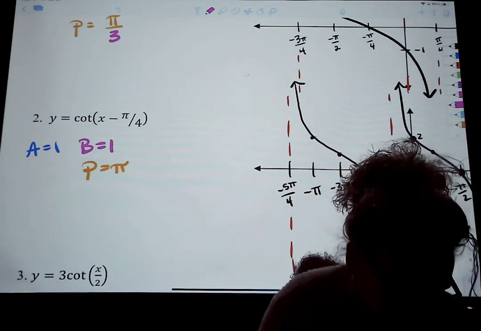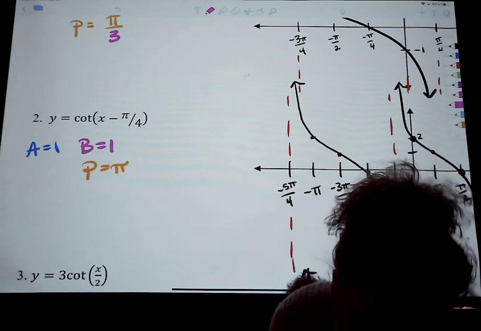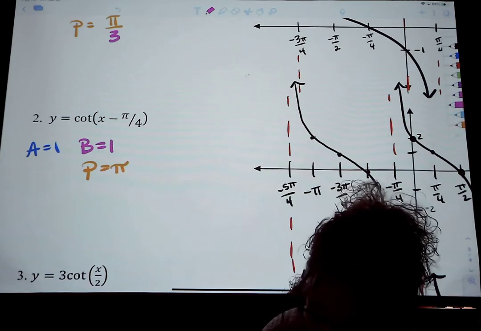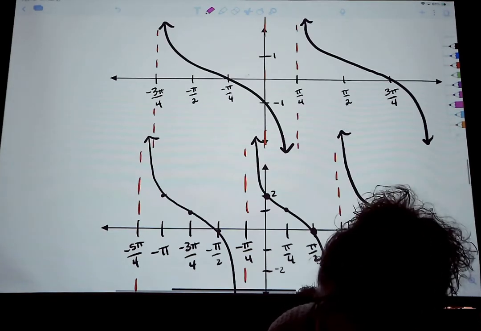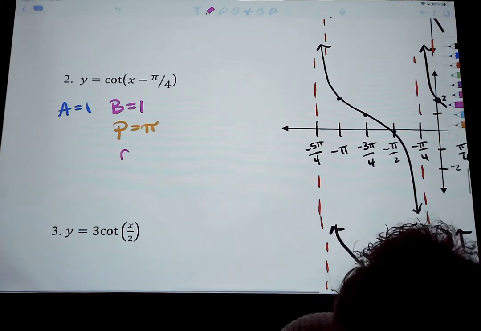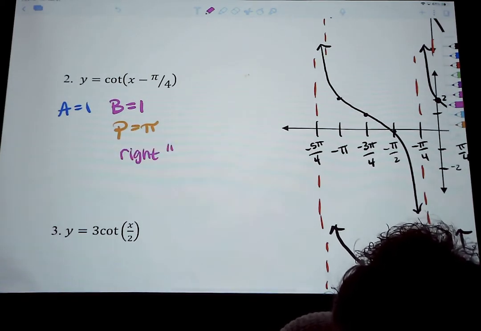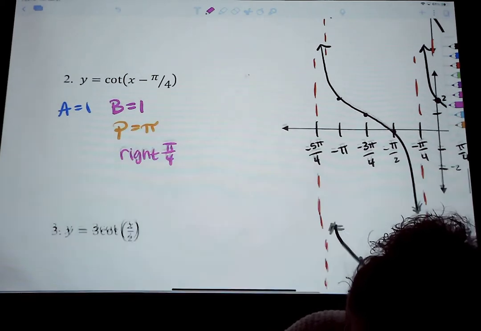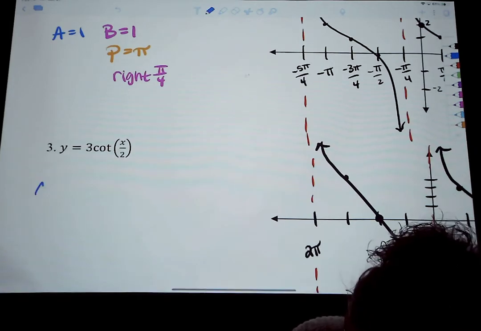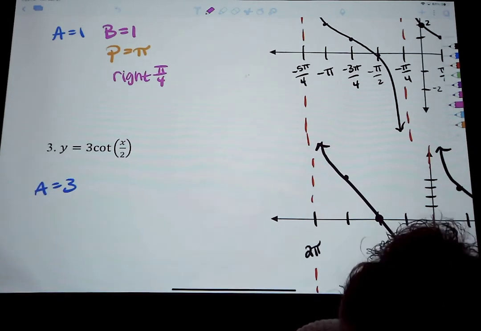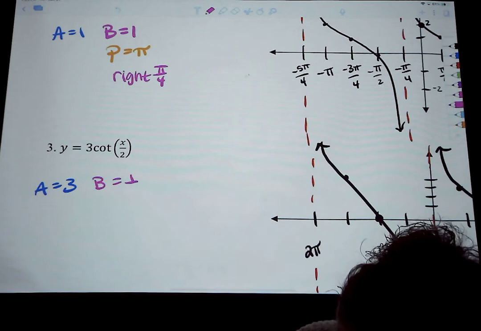Did I do that wrong? No, I didn't do that wrong. We need to go right pi over 4. Amplitude is 3. B is 1/2.